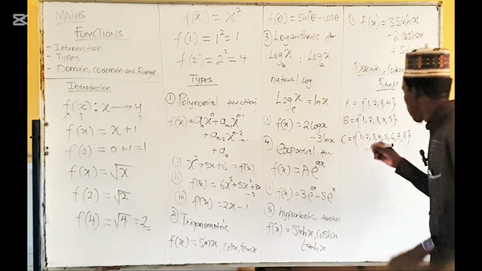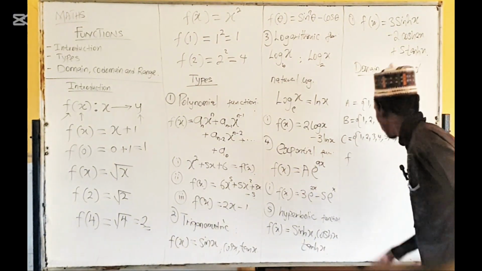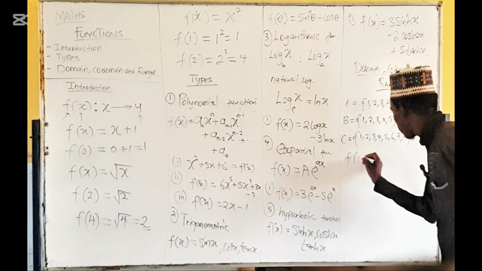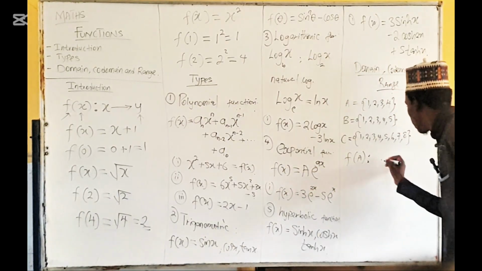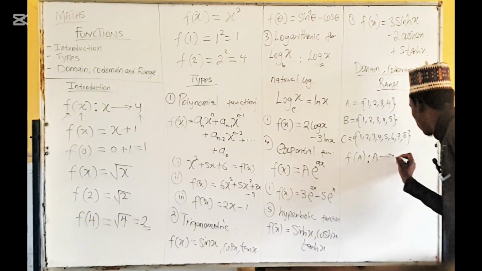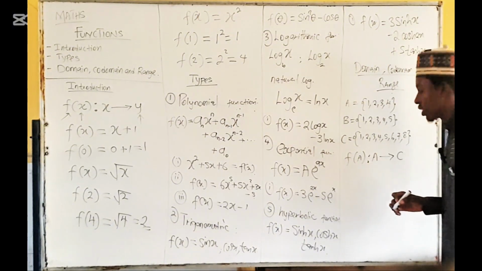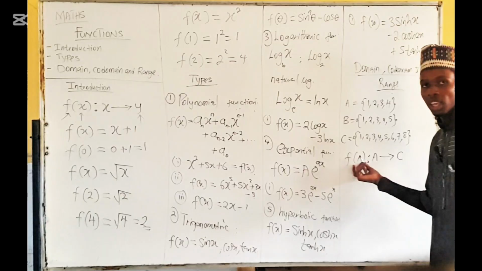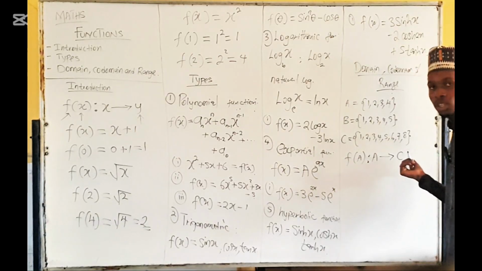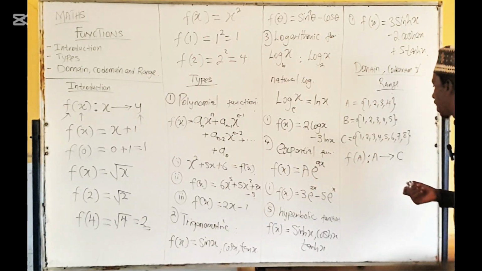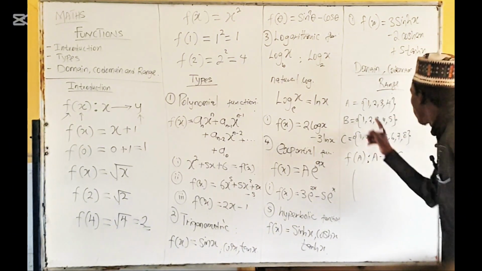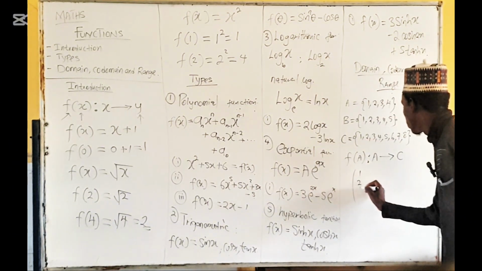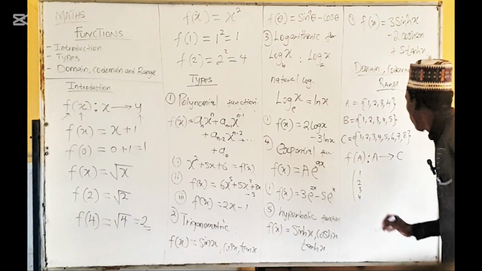So it happens to be a function. We have a function of A, such that A is mapped on C. That is, values of A can be mapped on the values of C. And then now we take these values of A, that is 1, 2, 3, 4.